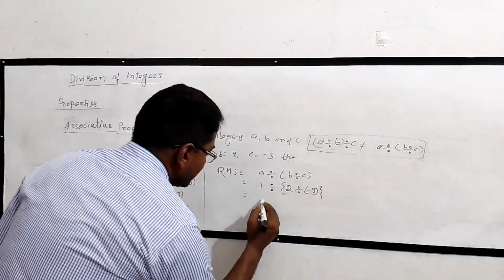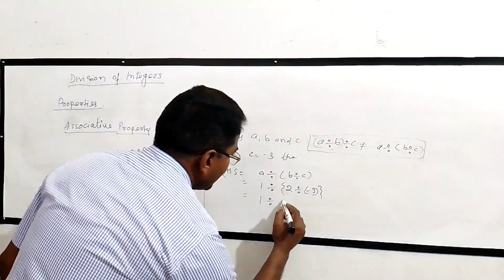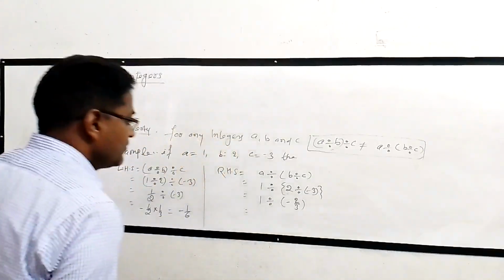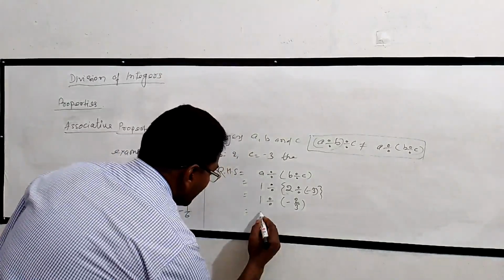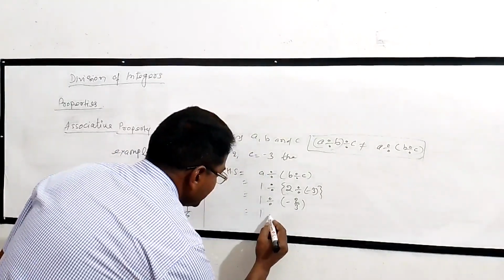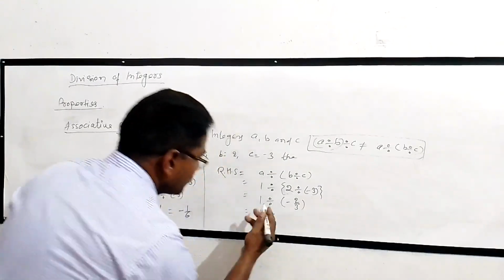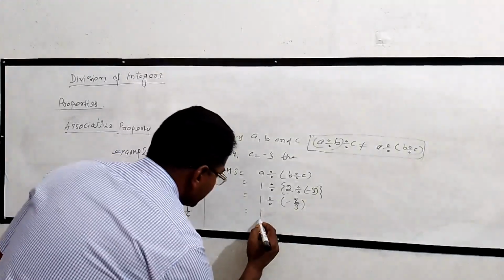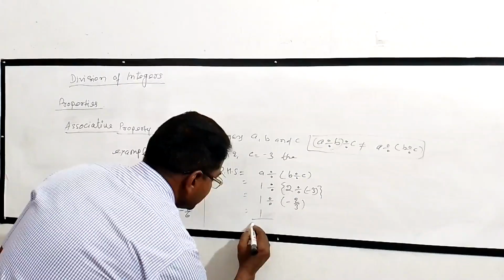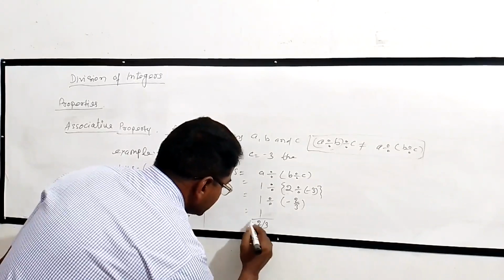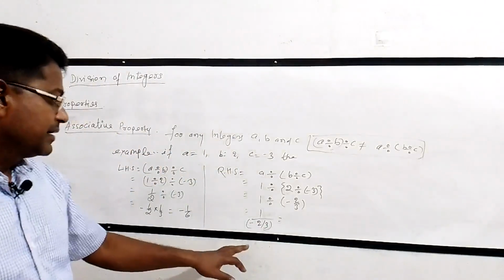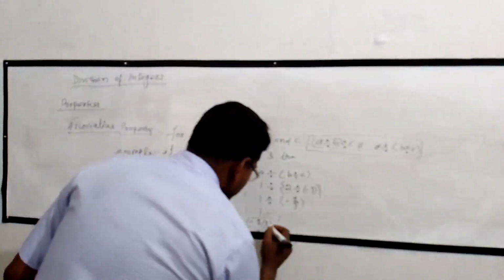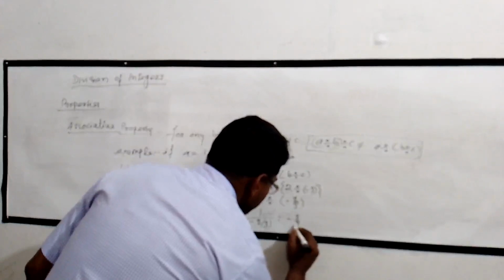Now you will get 1 divided by minus 2 by 3. So from here the 3 will be the numerator, so minus 3 by 2.